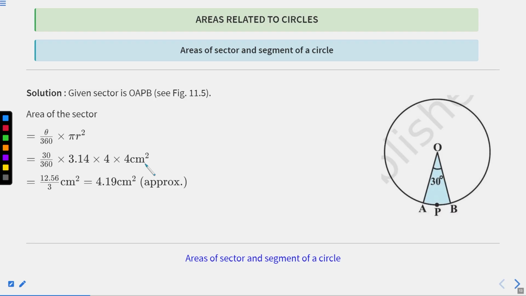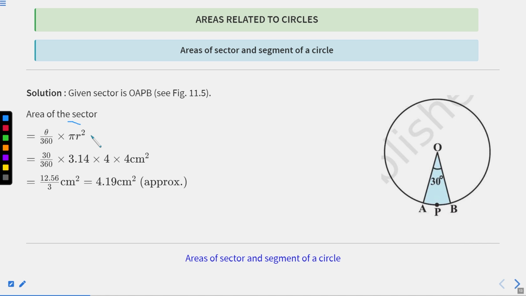We are given sector OAPB, that you can see in this figure, and this angle is 30 degrees. We are also given that the radius of this circle is 4 centimeters. So the area of the sector is theta by 360 into pi r square.